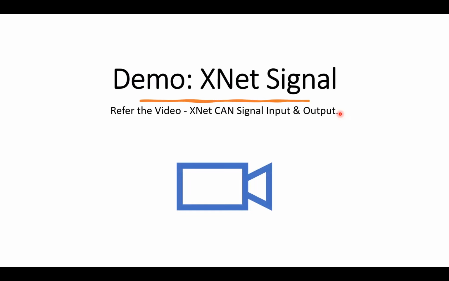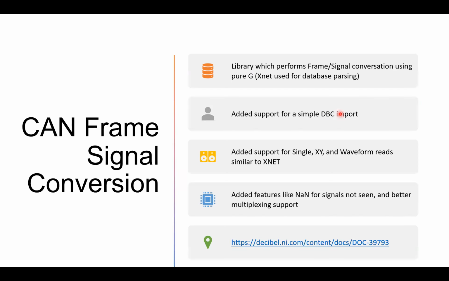For this you can also refer to the XNET signal video, which explains in depth the XNET CAN single point, I mean signal input and output. Apart from this, we have some utilities, in the sense of modifying the database and importing and exporting. Those things can be done programmatically as well.